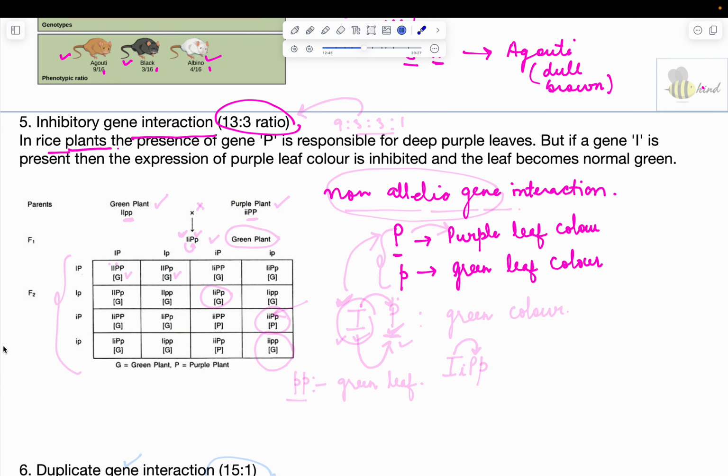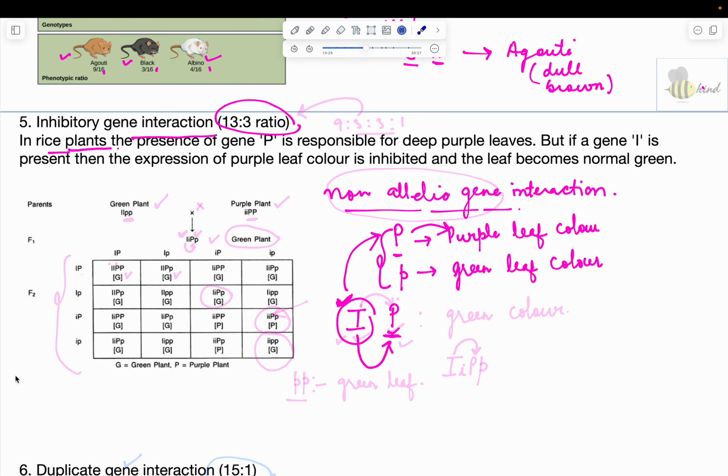As I have already told you, it's a non-allelic gene interaction, but these two are alleles of the same gene. But there is another gene with allele I. We'll see how this non-allelic gene interacts with the P allele. Whenever dominant I is present along with dominant P, it will inhibit the color produced by P. Otherwise, dominant P is responsible for purple color.